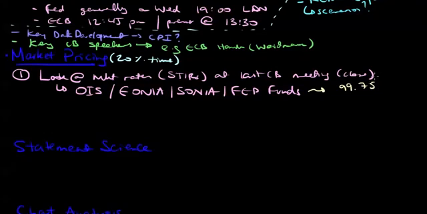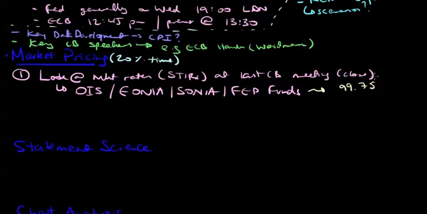This is purely for example purposes. If you see that it's trading around 99.75, you just take 100 minus the price, and that gives you the rate. So you'll have 0.25 there as your rate.